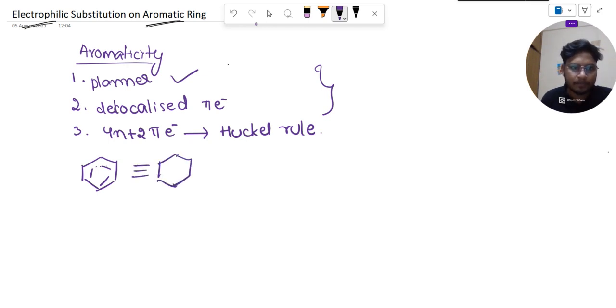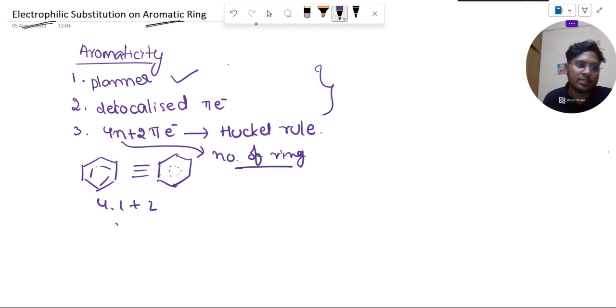These are the delocalized pi electrons, and here Huckel's rule says 4n plus 2 pi electrons should be present, where n represents the number of rings. Here in benzene there is a single ring, so it is 4 into 1 plus 2, that equals 6 pi electrons. Yes, obviously there are 6 pi electrons, so it is an aromatic compound.